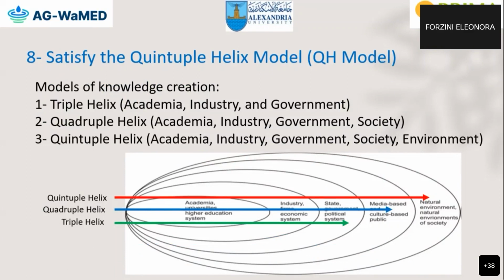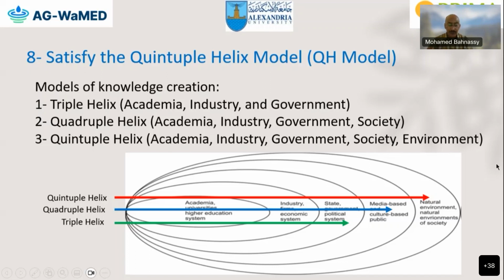So the stakeholders we are dealing with should satisfy the quintuple helix model, or QH model. This means that the stakeholders should represent five subsystems. Academia, so some stakeholders should come from academia, industry, government, society, and environment.